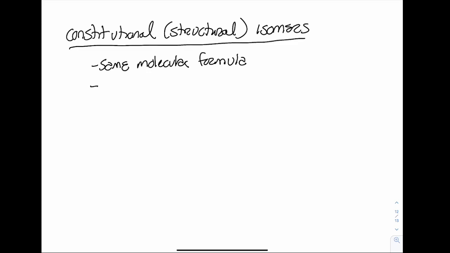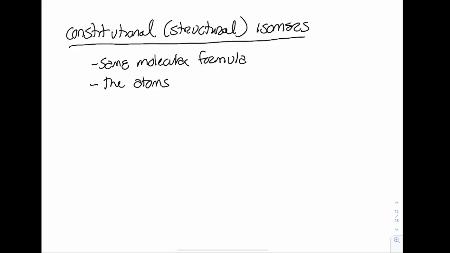So essentially they're going to be connected in a different order. We could say different atoms connected to different atoms, right? It's the same total atoms, right? If I have two carbons in one, I have to have two carbons in the other. Otherwise, they don't have the same molecular formula, which is our first criteria here, but they're connected differently. So the atoms are connected in a different order.